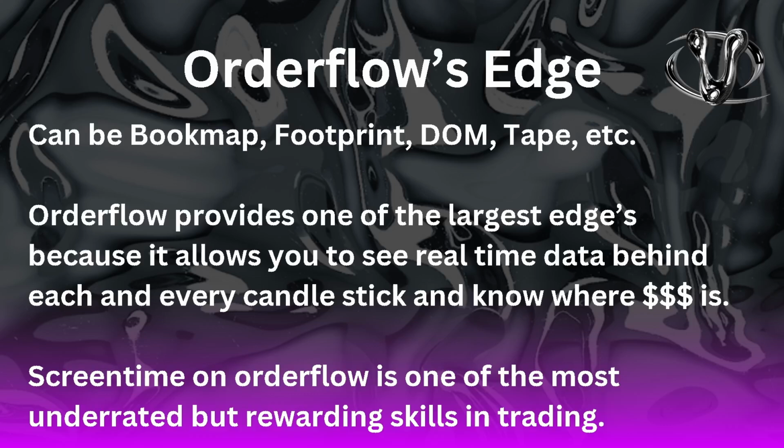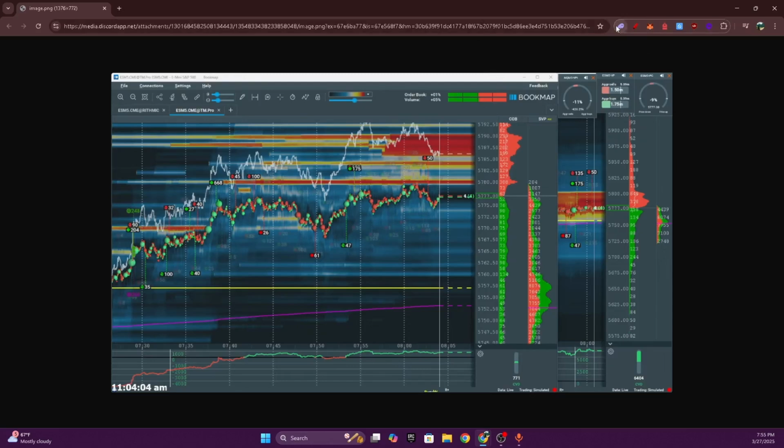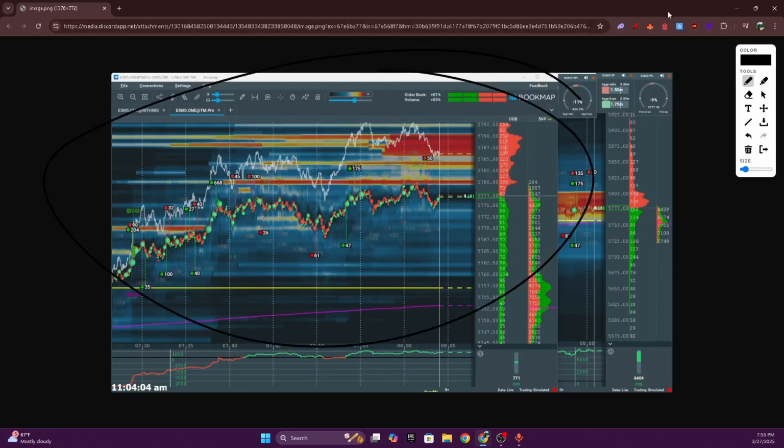In my opinion, screen time on order flow is one of the most underrated but rewarding skills in trading. I would truly recommend taking a look at Bookmap, taking a look at footprint charts, looking at how to read the DOM, looking at how to read the tape, and start utilizing it while you're trading to understand the true benefits of it.